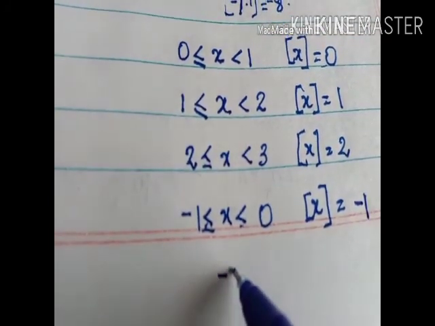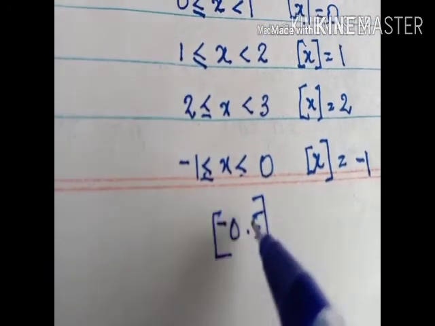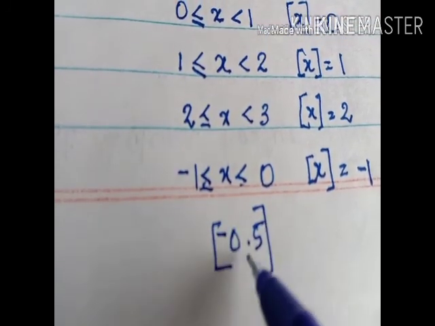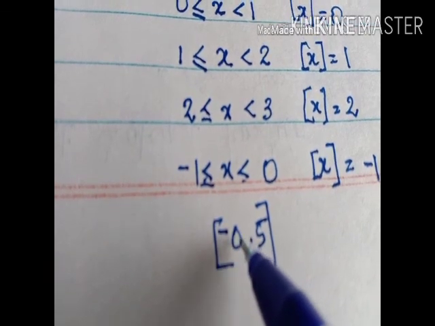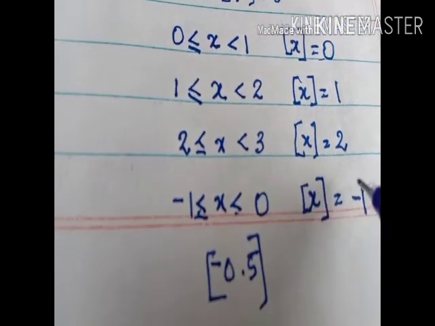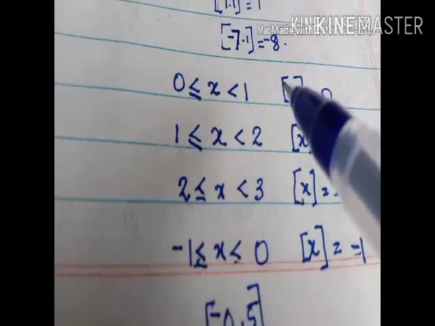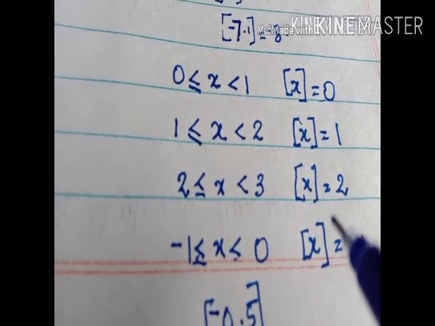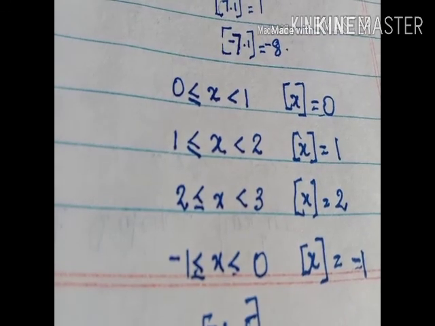For example, negative 0.5: here you have to identify it is a negative number, so the integer part is 0, you have to add 1, 0 plus 1, 1. So greatest integer function becomes negative 1. In this manner we can define the greatest integer function. Now see what its graph is.